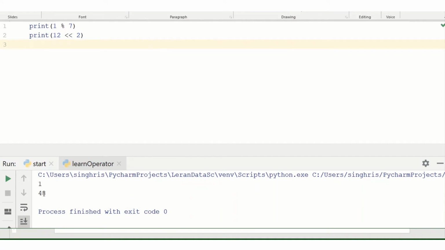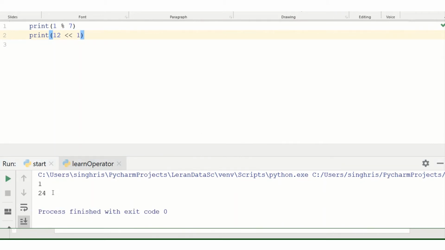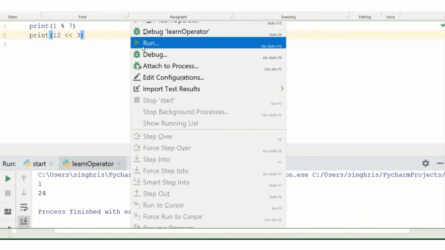So if you are shifting by 1, then simply you are multiplying by 2, because I shifted 2 times, so that's why it's multiplied 2 into 2, 4, right? If you multiply it only one time, then it will be 24. If you shift it 3 times, you are simply multiplying 12 by 8, because 2 power 3 is 8. So this will be 96.